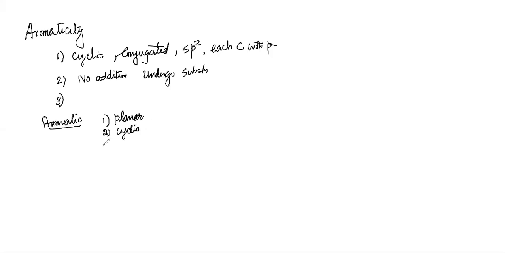Number 3, each atom in the cyclic ring contains a p orbital.